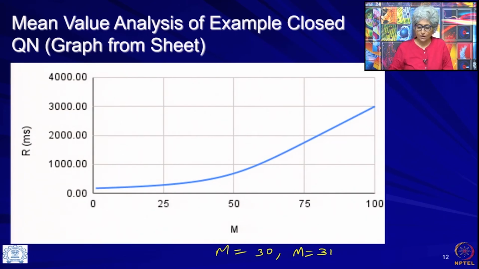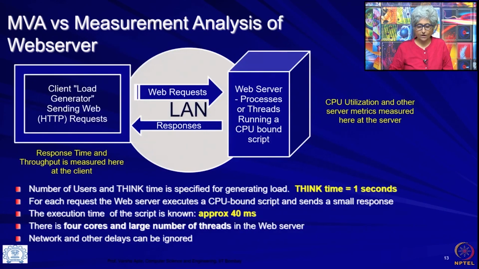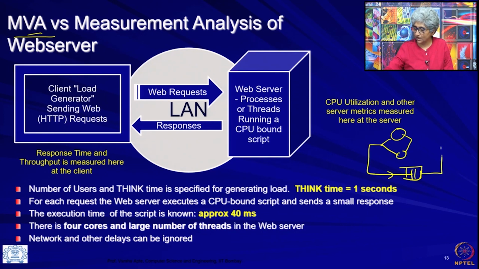Quickly now, I want to show you one last view of the same web server that we have been looking at. We have seen it in the open load context and in the closed load context, and now I want to show you MVA applied to the closed load. At the time we saw the web server's measurement results, we did not know MVA. The web server is a simple closed system, not a queuing network, but that does not mean we cannot apply MVA to it.